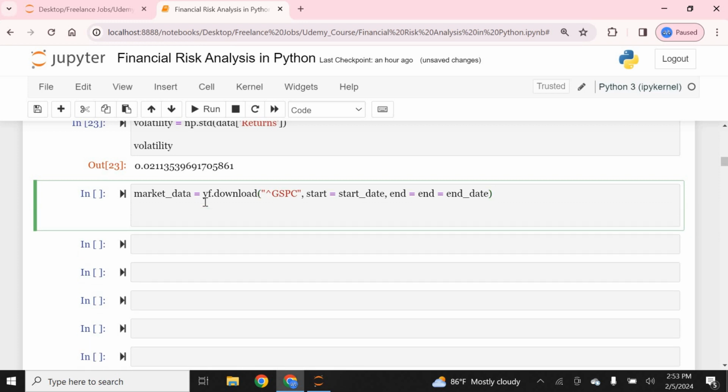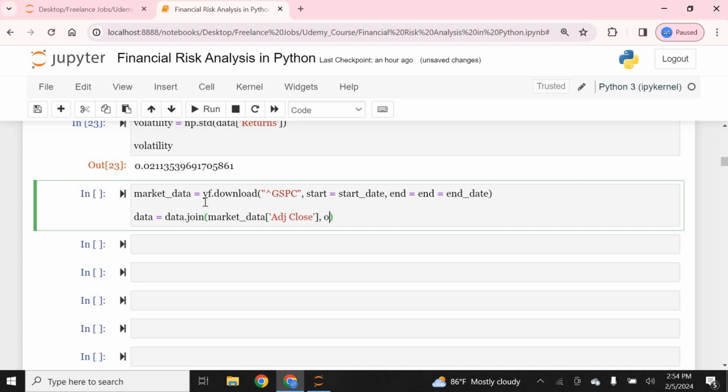So there's a magic we normally do in data manipulation. We call it joining, data joining. So we're going to join this data with the Apple data, since we're using the same date. So we just do data.join, then the market data, only the adjusted close column, because that is the only data we need.